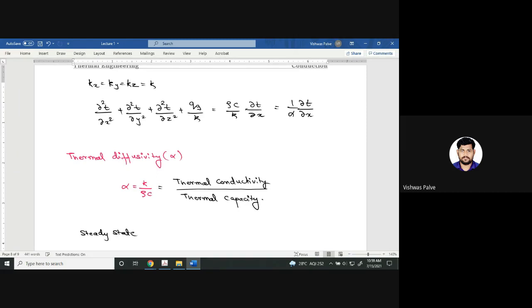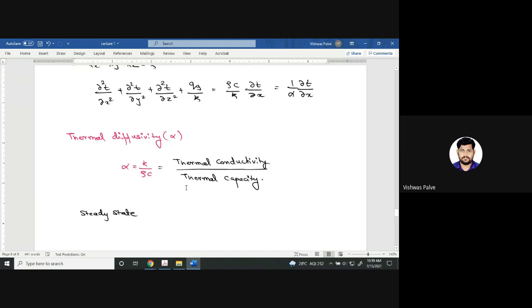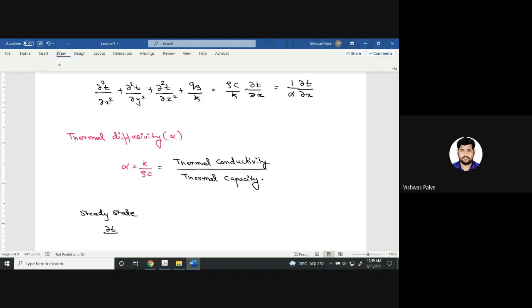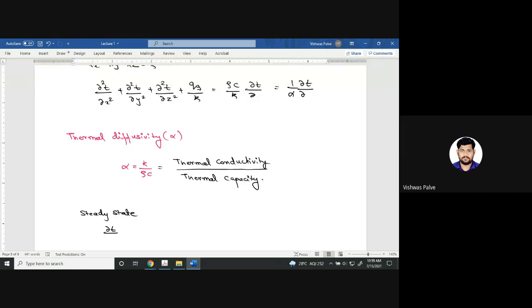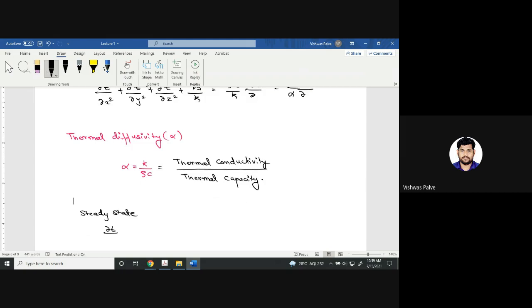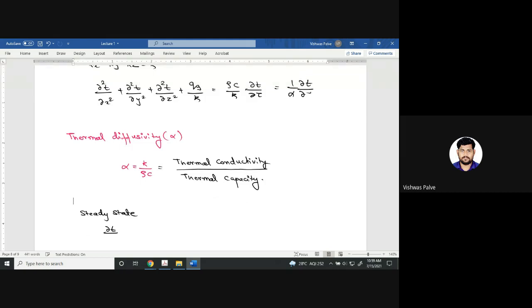Whenever I want to write down the expression for steady state, then this term dou t by dou tau will tend to 0. Dou t by dou tau will be equal to 0 for steady state.